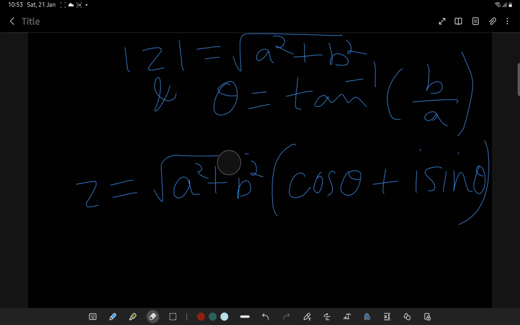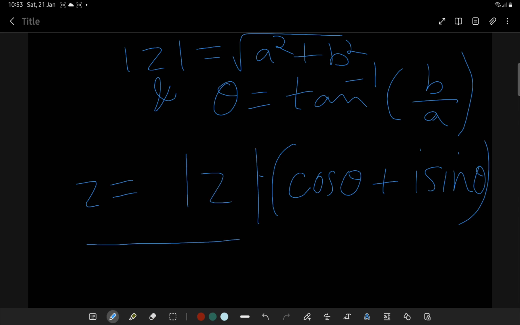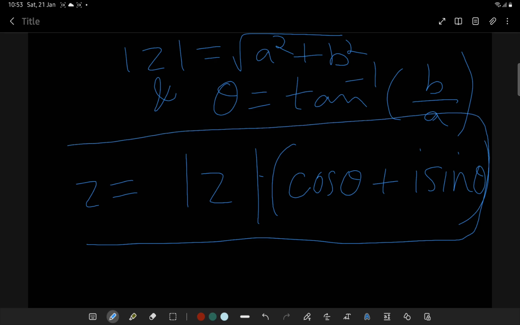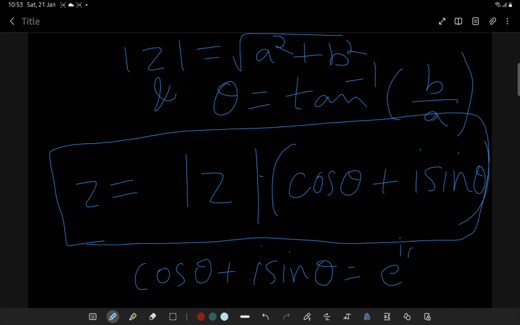I'll write this root of a square plus b square as mod z, as I've given the formula for that. This is the polar form of a complex number. This polar form can be written in exponential form also by Euler's formula. According to Euler, cos theta plus i sin theta is equal to e power i theta.